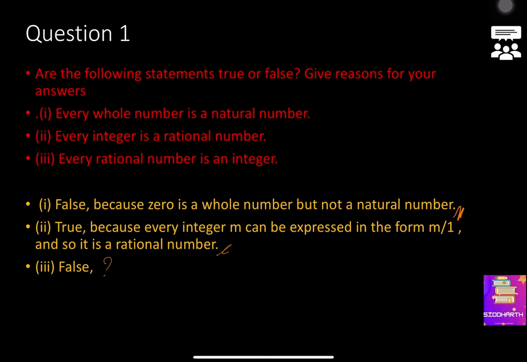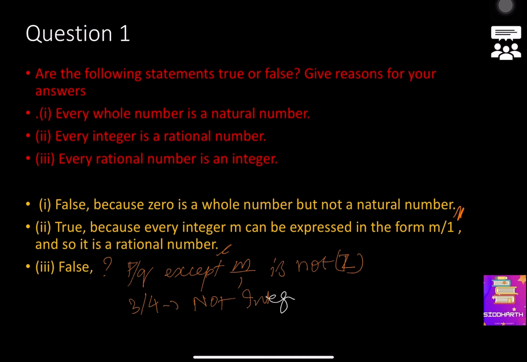Any rational number in the form P by Q, except m by 1, is not an integer. Say 3 by 4. It is not an integer, right? That's what we discussed in the previous slide.